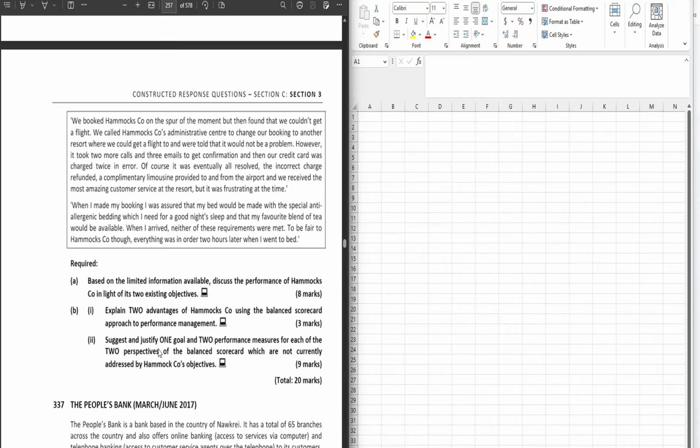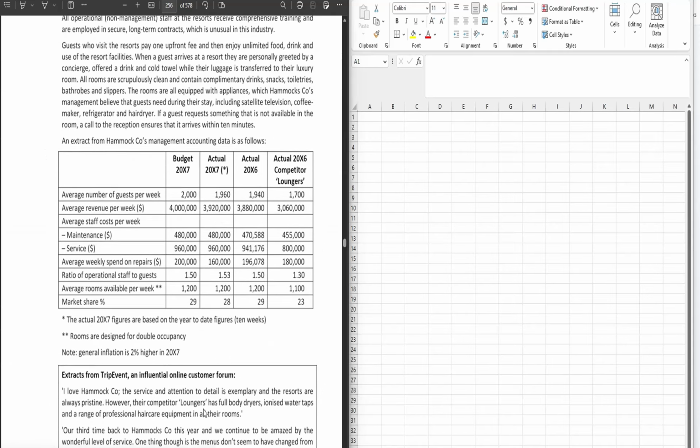I know that from the performance measurement topic, if the question has been asked especially to evaluate the performance, students struggle to solve it. So we will solve this question together and also highlight a few things that you need to keep in mind while solving this kind of question.